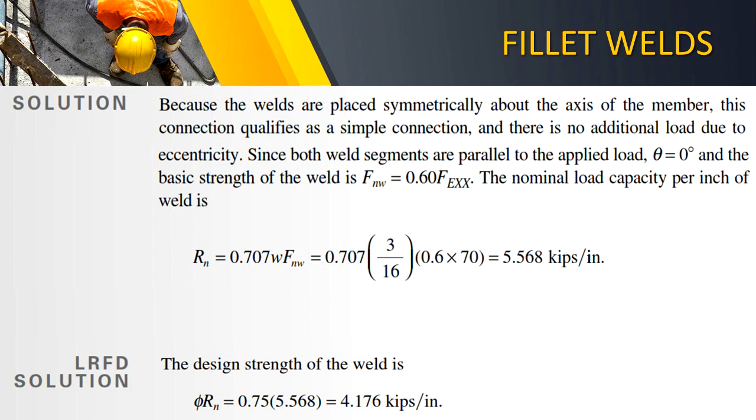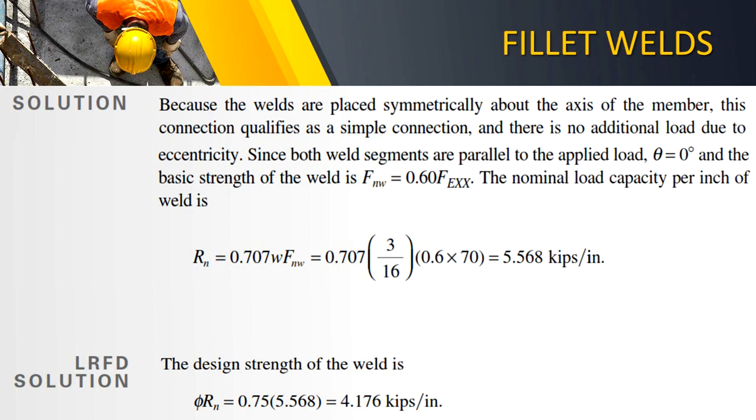Solution. Because the welds are placed symmetrically about the axis of the member, this connection qualifies as a simple connection, and there is no additional load due to the eccentricity, since both weld segments are parallel to the applied load. Angle theta equals 0 degrees, and the basic strength of the weld is FNW equals 0.60 FEXX.